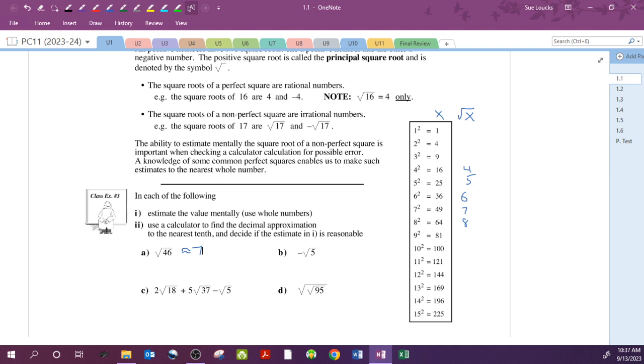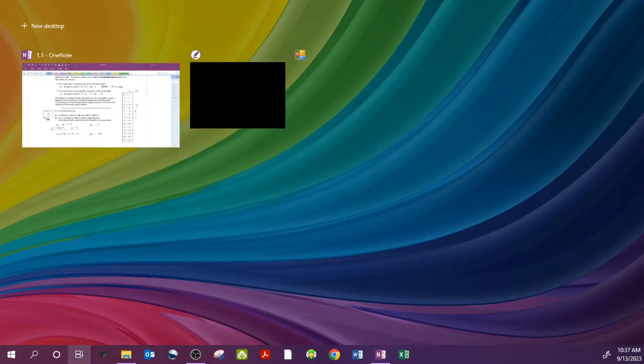So we go square root of 46 is 6.7823..., which we would round to 7. So that's a reasonable approximation if we are talking just to one decimal place.